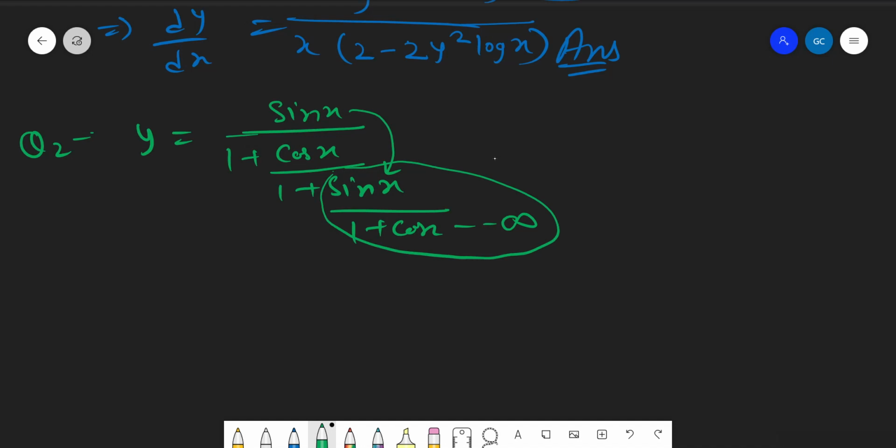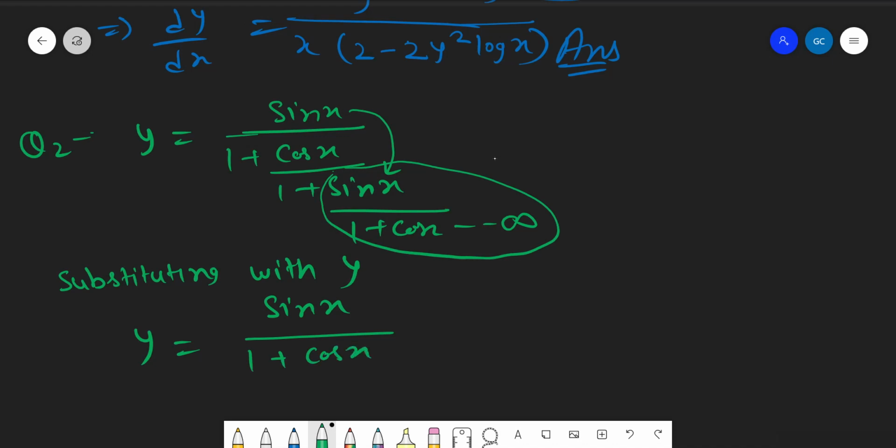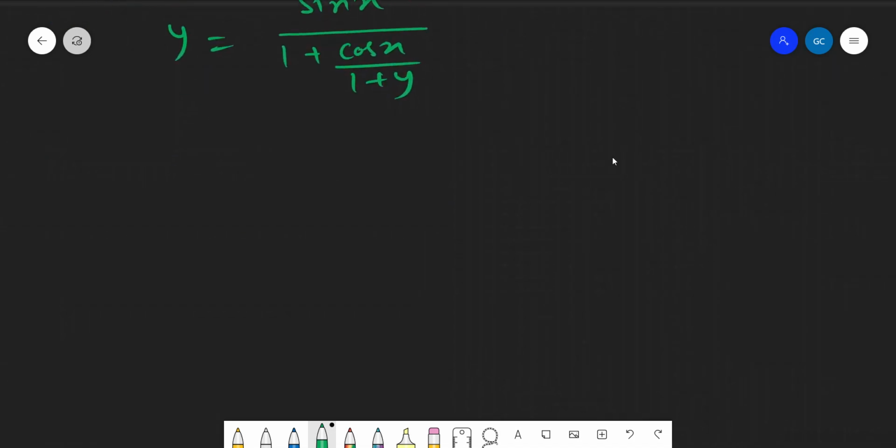So y is equal to sin x divided by 1 plus cos x divided by 1 plus y. Right, guys, so let's move ahead.